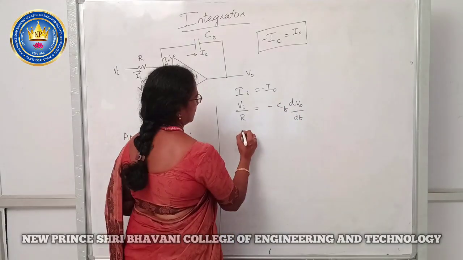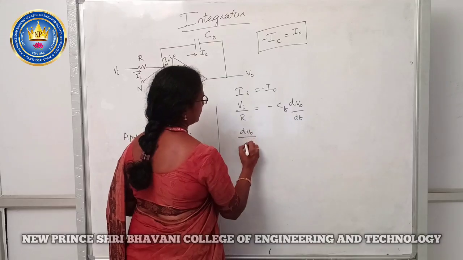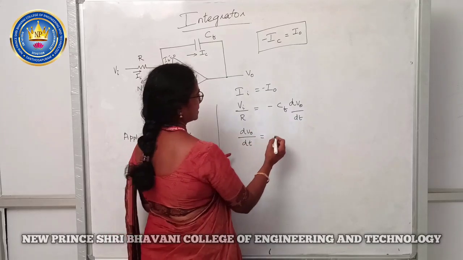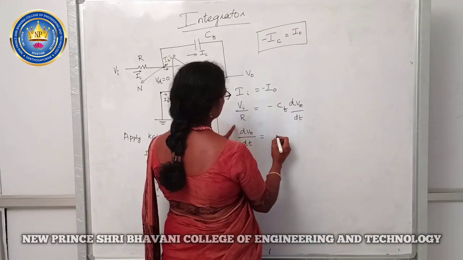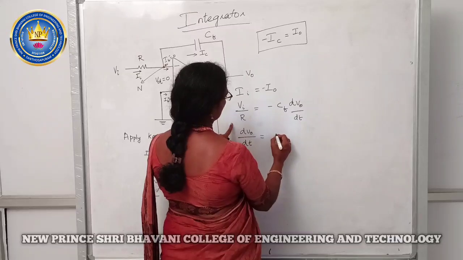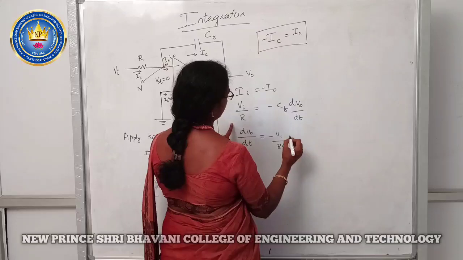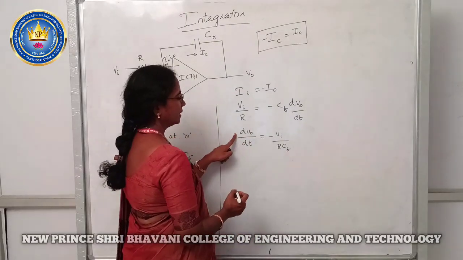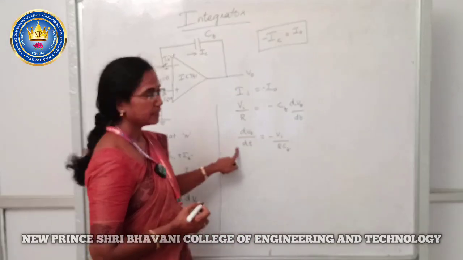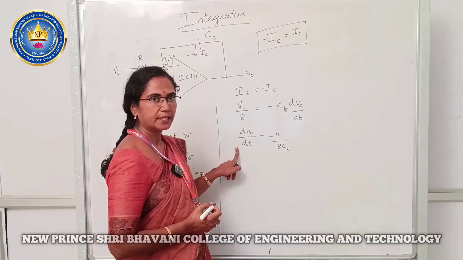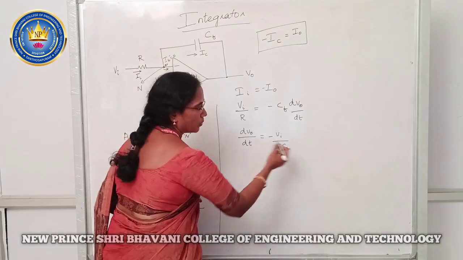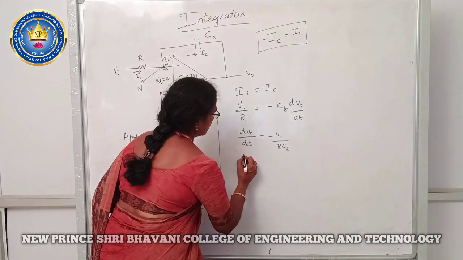Here we will keep this dV0 by dt on the left hand side, so we will get minus VI by R CF. Here this dV0 by dt must be integrated in order to obtain the output voltage, so on both the sides we have to integrate.